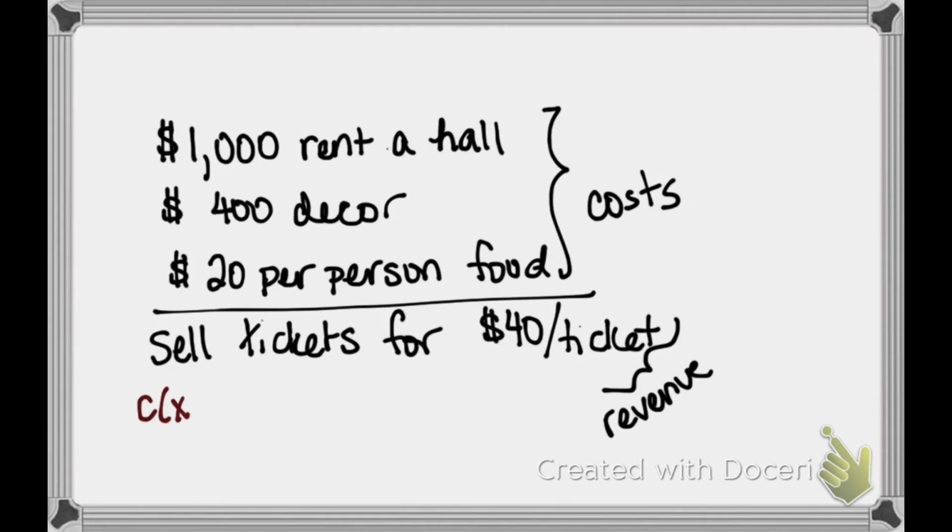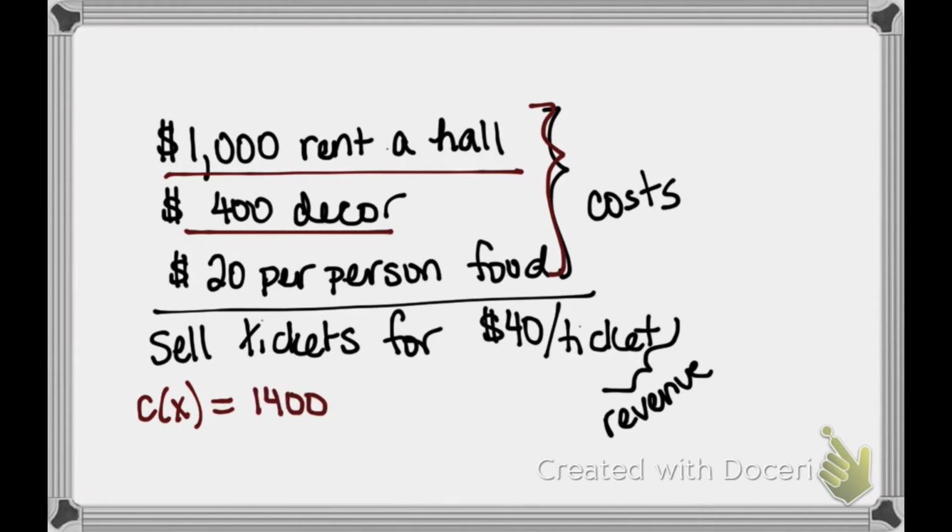And so I want to write an equation that represents this, a cost function and a revenue function. So first we'll do costs. We have $1,000 to rent a hall, $400 for decor. That's $1,400 in fixed cost. No matter how many people come, we're just going to pay that. And then depending on how many tickets we sell, we will pay per person for the food.